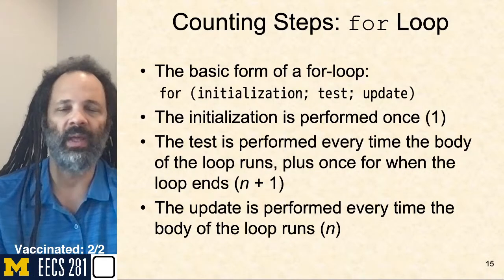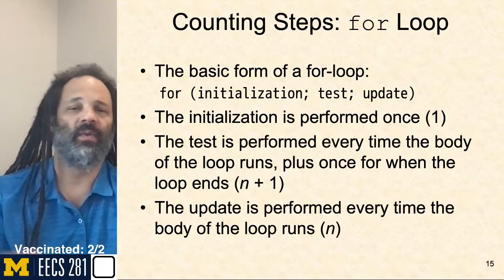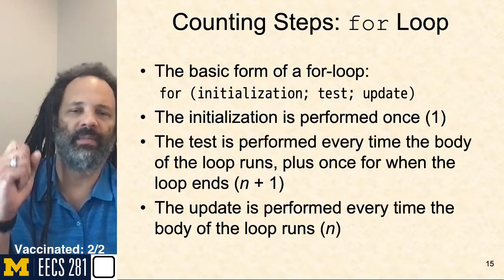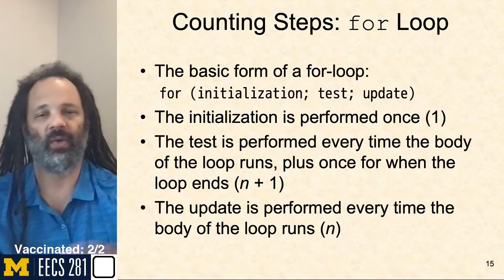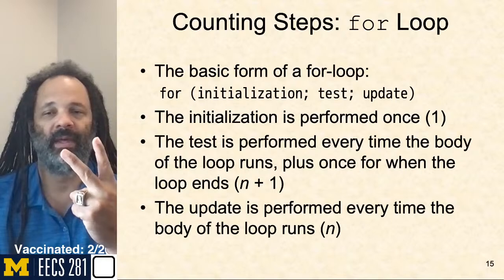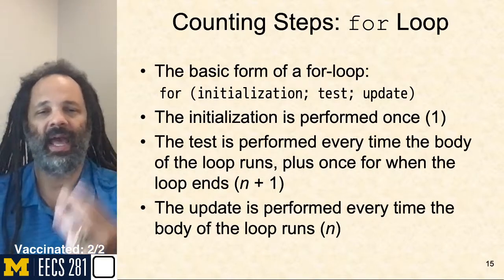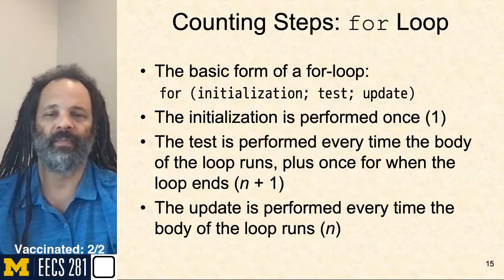So, counting steps in a for loop. The basic form of our for loop is this: initialization, test, and update. So initialization happens once, the test happens every time that the loop completes, and then the update happens every time that the loop completes.